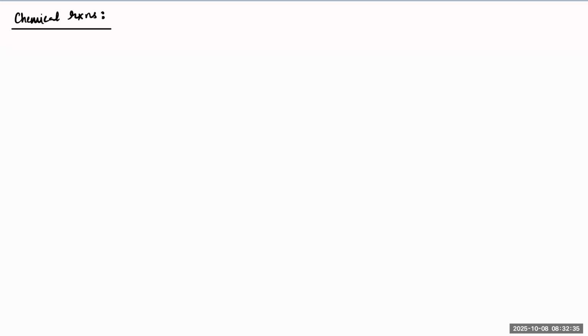So first is about the acidic reactions of alcohols. Got it? For example, if I take alcohol and I treat this with sodium hydride, I will be getting H2 and RO minus Na plus.